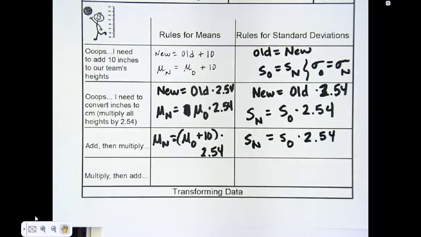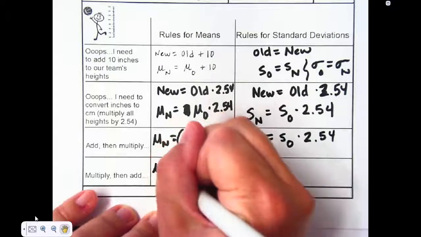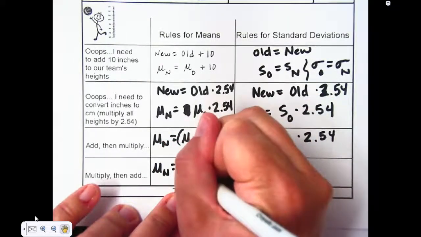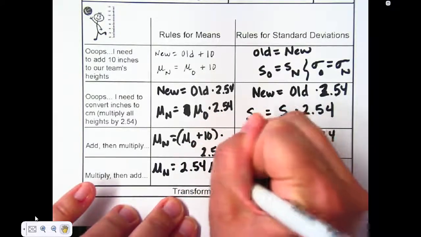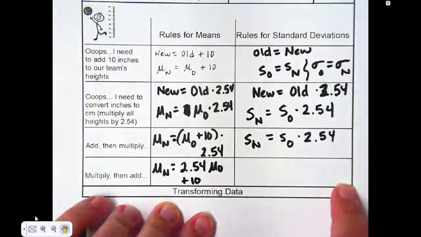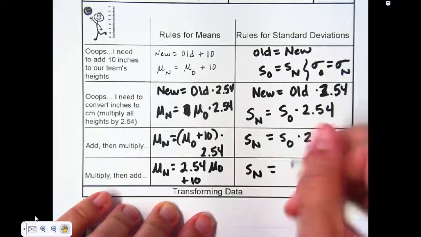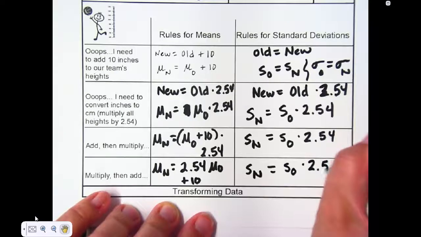Remember, with your standard deviation, adding and subtracting doesn't change anything. Now if I multiply and then add, my new would equal 2.54 times my old plus 10. But here the same thing, the adding doesn't affect anything, so I'm going to have my old times the 2.54.